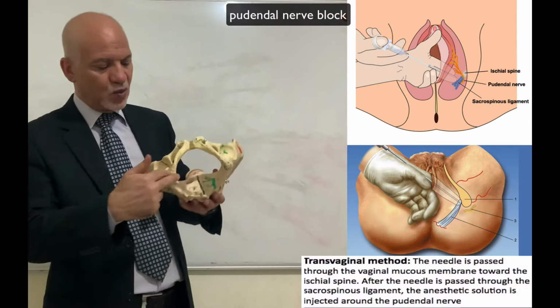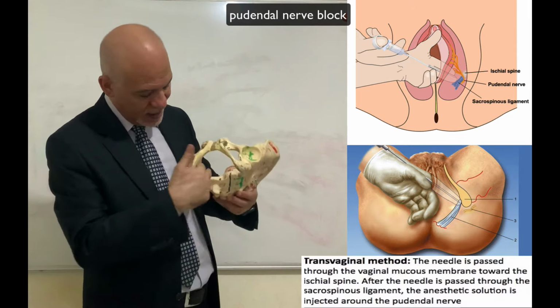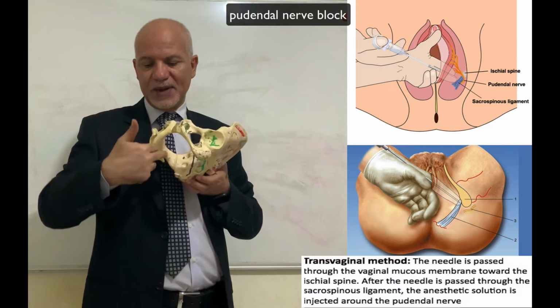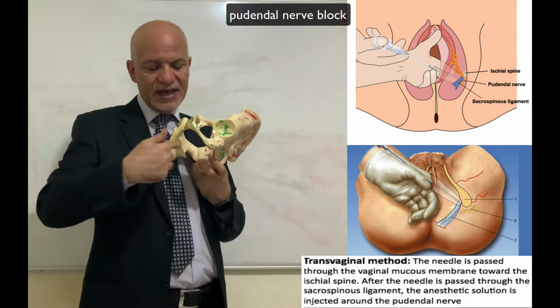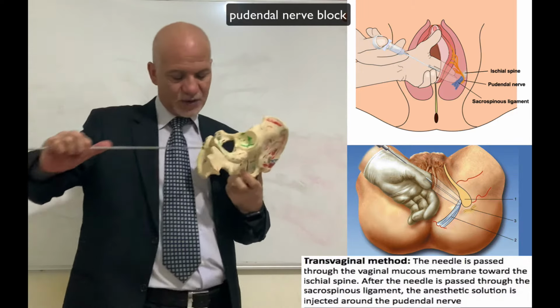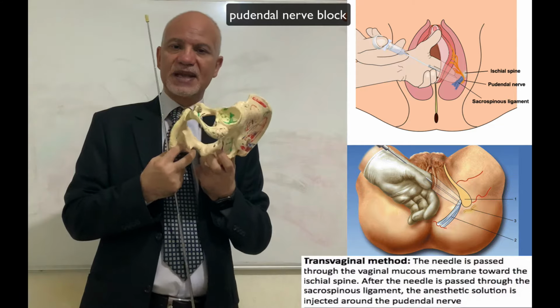Pudendal nerve block we make through the vagina, and the finger feels the ischial spine, then the needle injects anesthesia near the ischial spine.